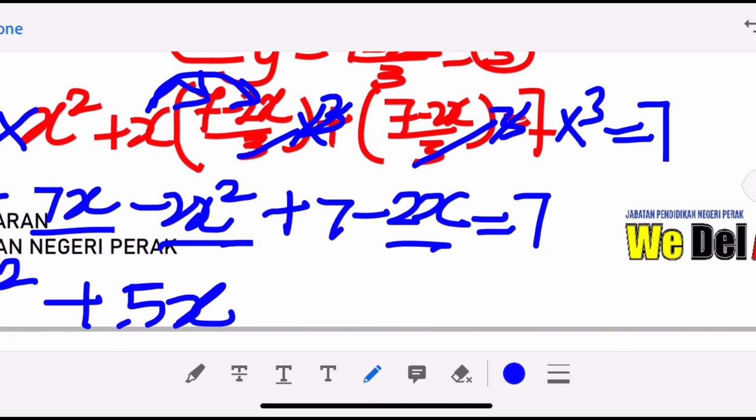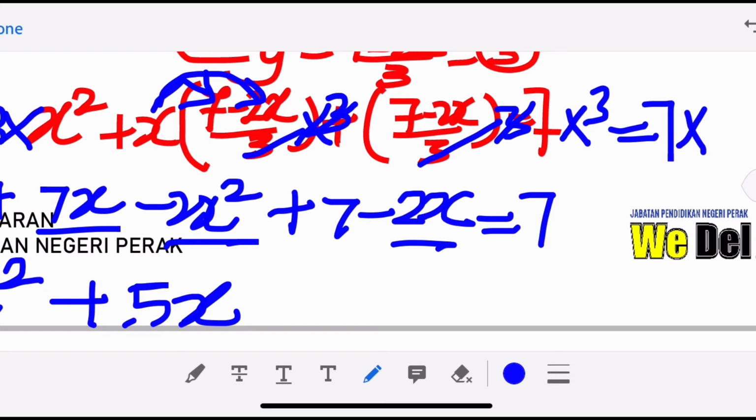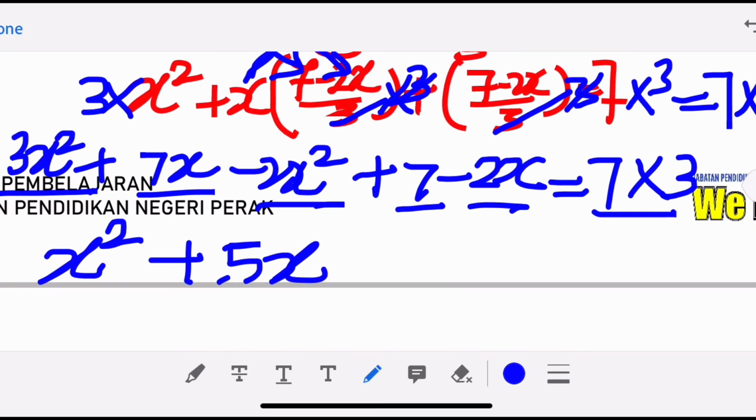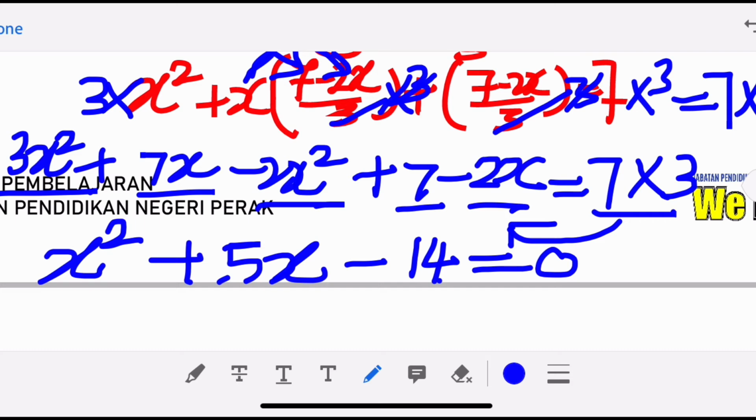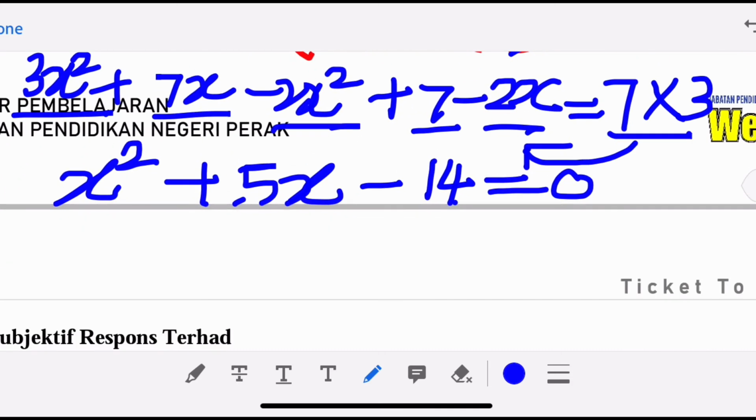This one we have to multiply by 3, don't forget. So we have 21 minus 7, which is 14, right? 21, so we bring the 21 to here, so it becomes minus 14. Okay, double check. Got any mistake?